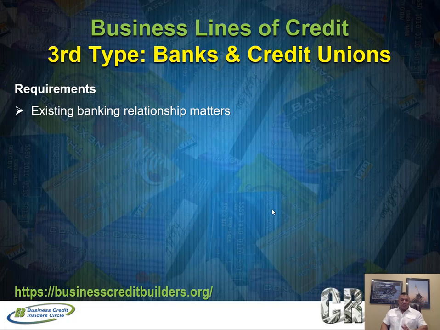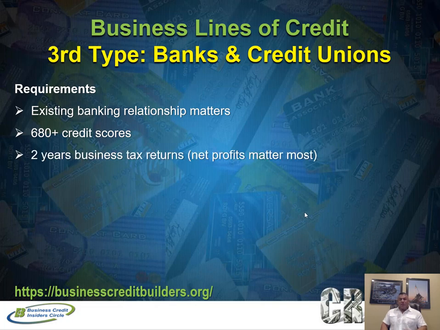But when you're going for a traditional business line of credit, not an alternative lender, like you go up to a bank like a Chase or Wells Fargo or a credit union, your existing bank relationship matters a lot if you have a current relationship with them, number one. Number two, they're going to check your personal credit. They're going to pull your credit. It's going to happen. They're going to want to see 680 credit scores or higher. That's typical. They're going to want to look at your 2 years business tax returns.